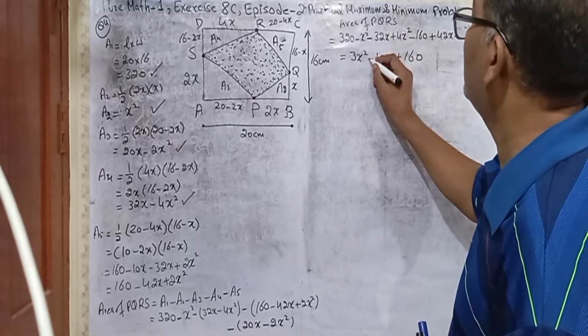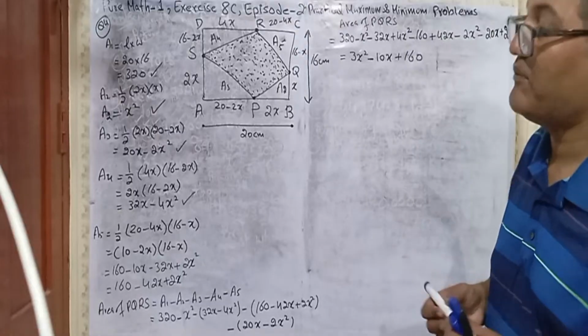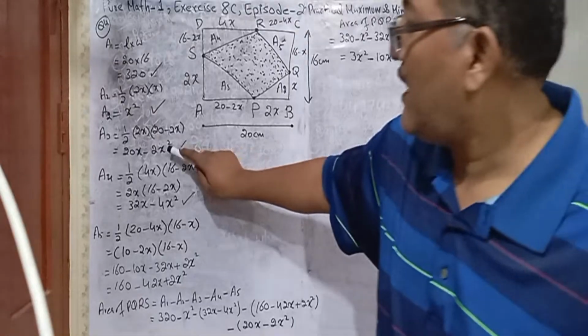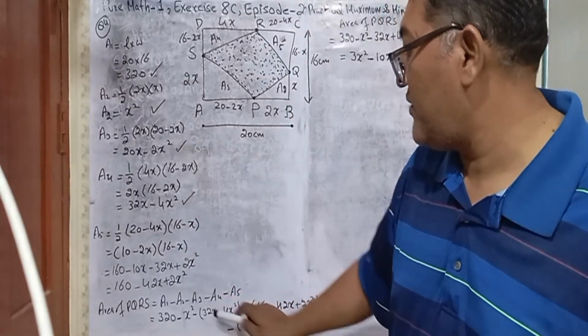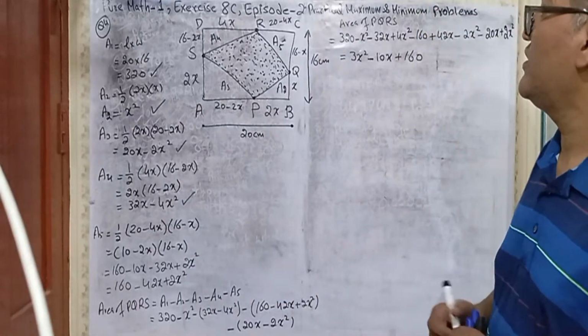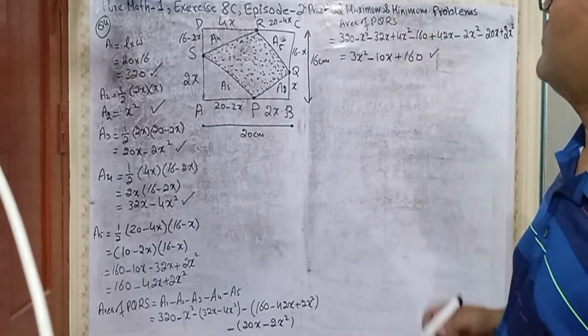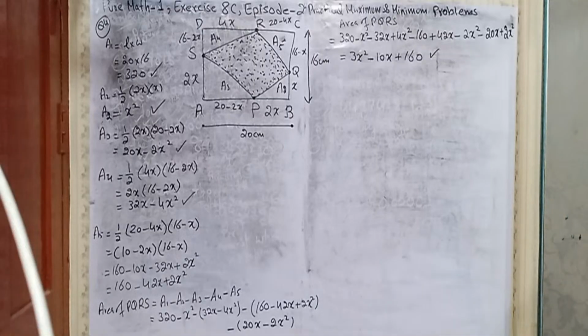You see what happened? I forgot to write the A3 value. Okay. So now it's good. This is good. Okay, sorry. My bad.